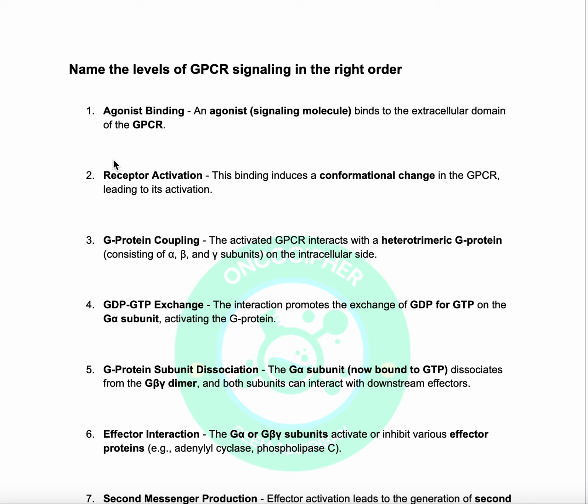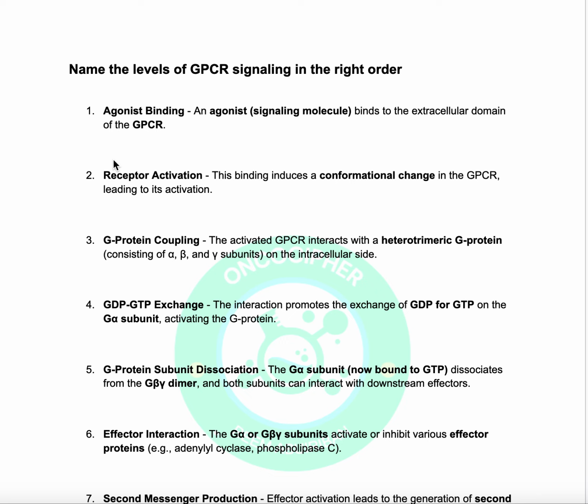Then receptor activation. The binding induces a conformational change in the GPCR, and that leads to the activation. Maybe the question is why, when the agonist binds to the extracellular domain of GPCR, that leads to the activation; because there is first a conformational change in this receptor, and that leads to the activation.